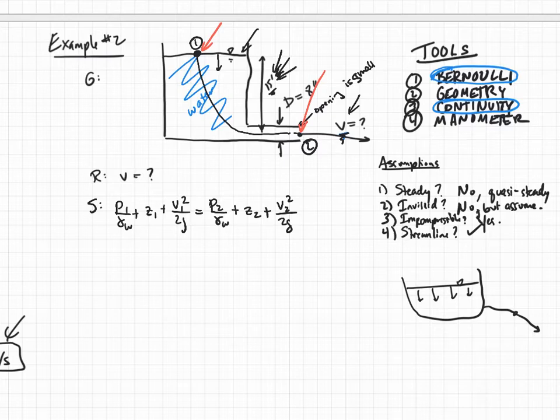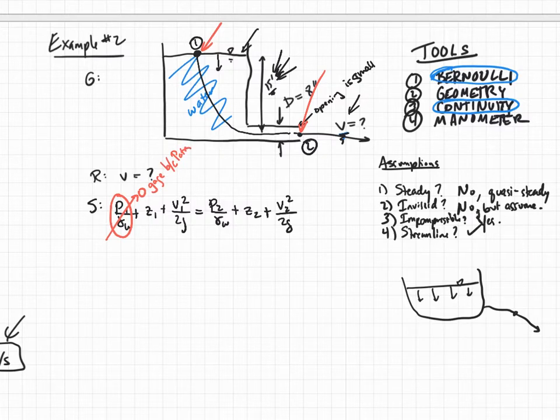It has to do with one very simple thing, which is you want to look for points that are attached to the atmosphere. Because if the point is at the atmosphere, like point 1, then the pressure right here is 0 gauge. And that just makes my life a lot easier.